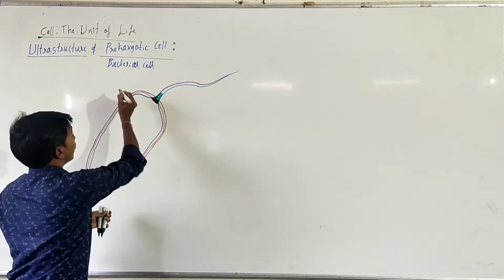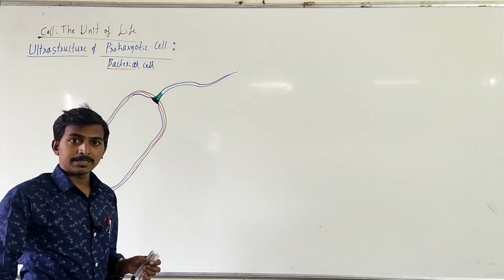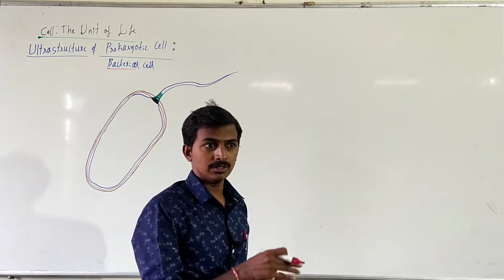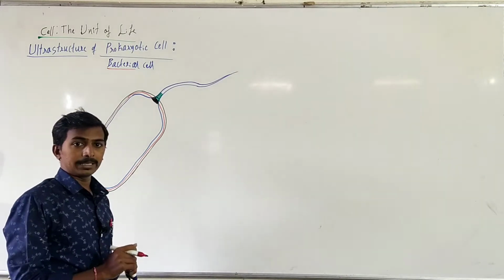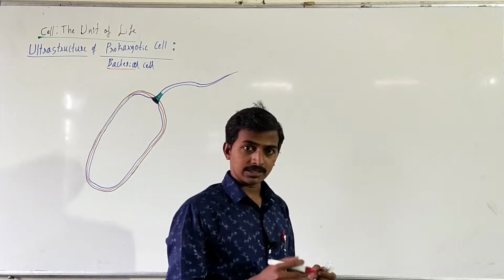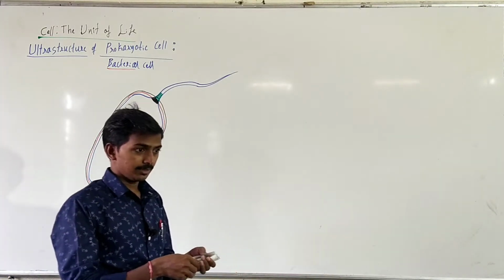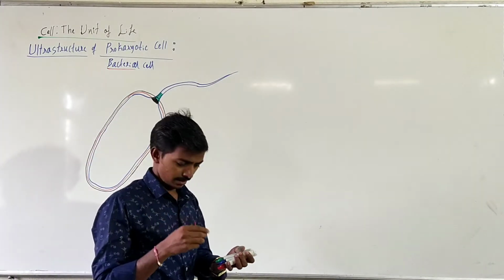Since bacteria is the best example for prokaryotes, I will now discuss the ultrastructure of a bacterial cell. Starting with the bacteria, it is covered by three major layers.